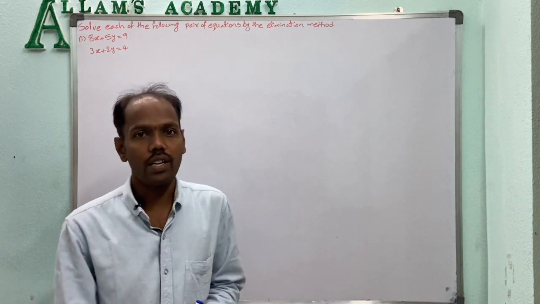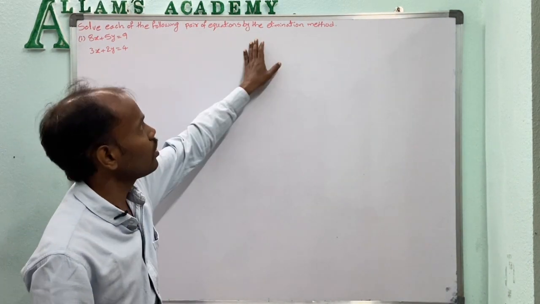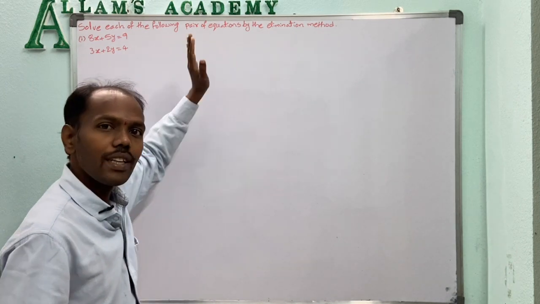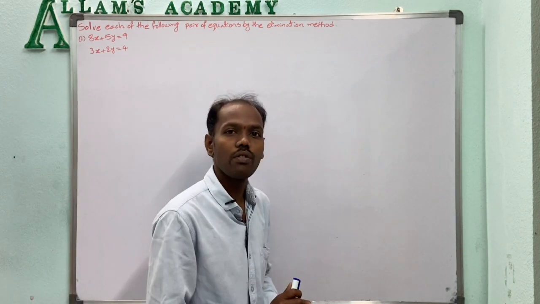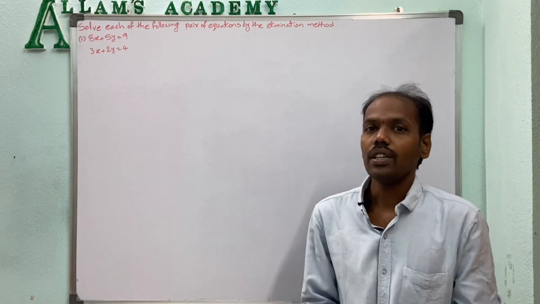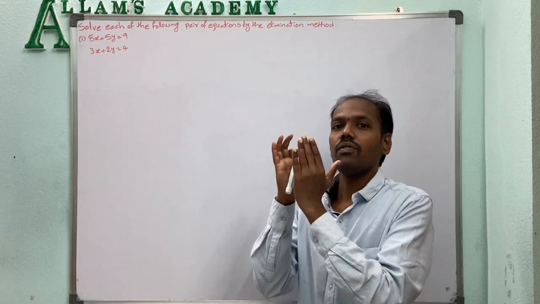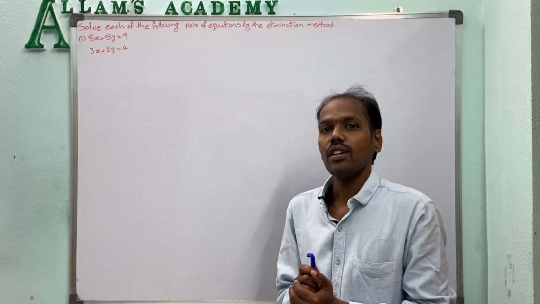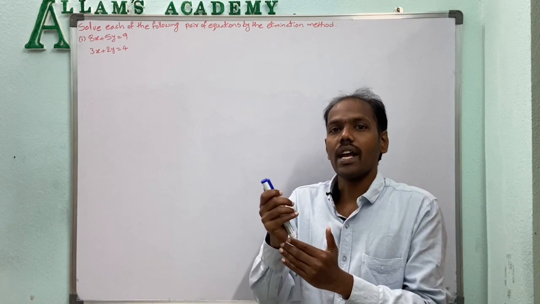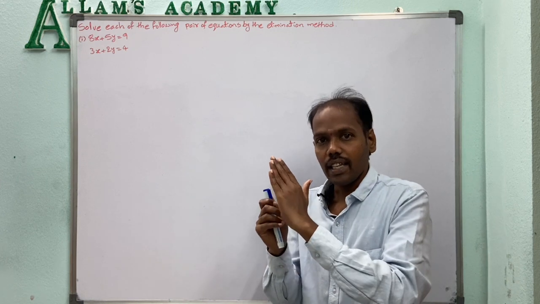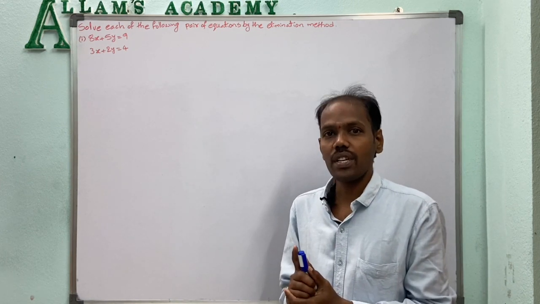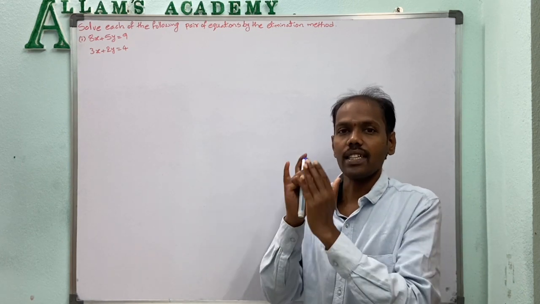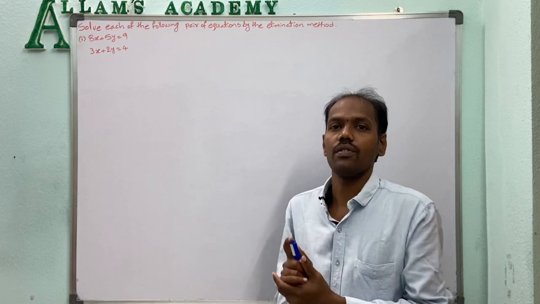Now before we saw solving the pair of linear equations by substitution method, now we are observing the solving of pair of linear equations through elimination method. So in that elimination method, what we have to do is equalize any one of the coefficients, either x or y. So by equalizing, by adding or subtracting, cancel that coefficient, then we get either x equal to or y equal to one solution.